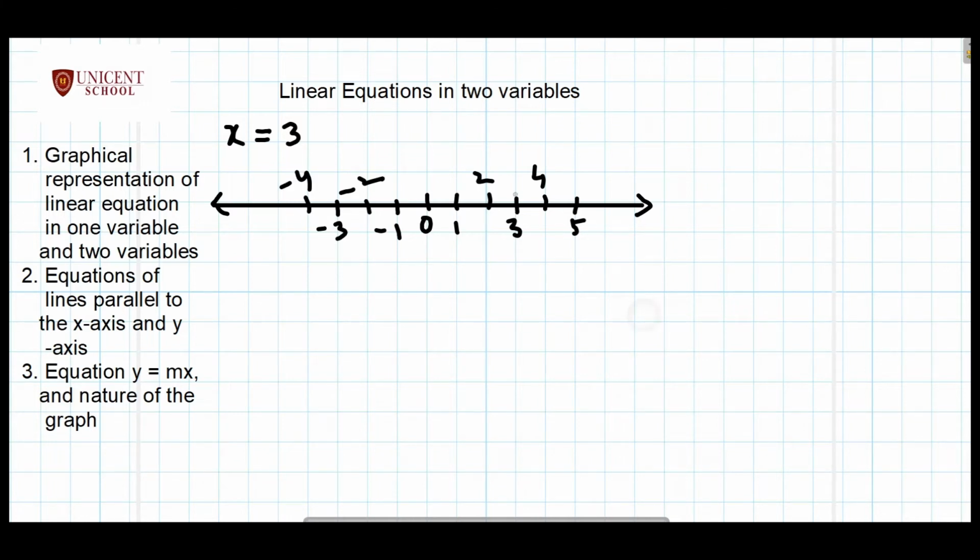Right, now x equals 3. So this is how x equals 3 is represented graphically on the number line.